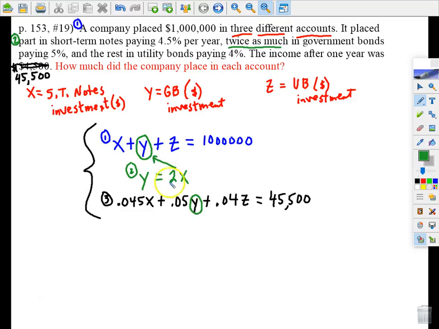So we're going to replace Y in the blue equation and in the black equation. If I replace Y with 2X, I get X plus 2X plus Z is 1,000,000.